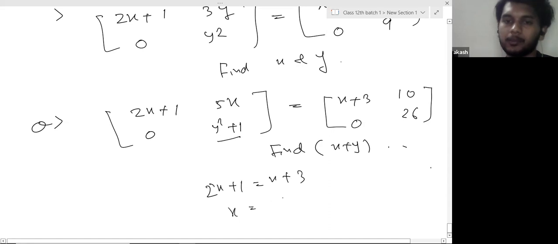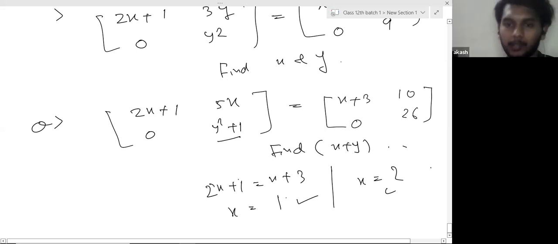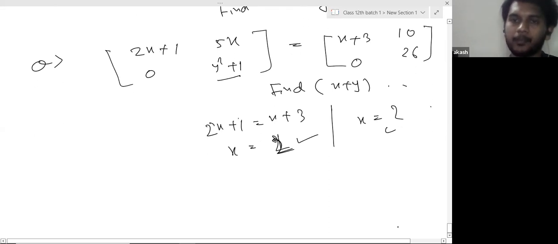So x must be equal to 1. From here x is 2. We are getting two values of x, right? No, sir. It's x is equal to 2 in the first case. Right, x is equal to 2. My bad. And y is plus minus 5.